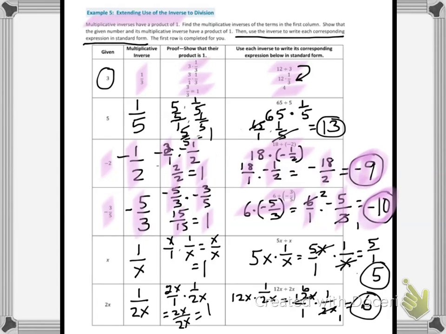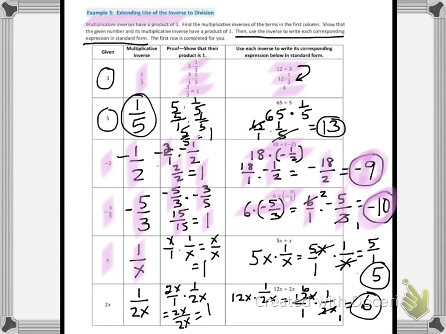Okay? An even different look was this one, x. What the heck could be the inverse of x? Well, x has a multiplicative inverse, which happens to be 1 over x. Okay? Yeah, very simple. When it was 5, the multiplicative inverse of it was 1 over 5.